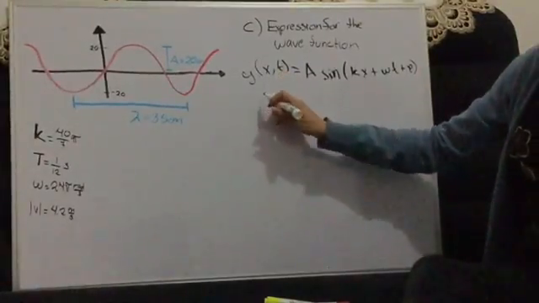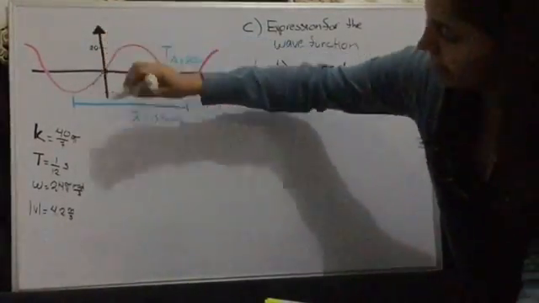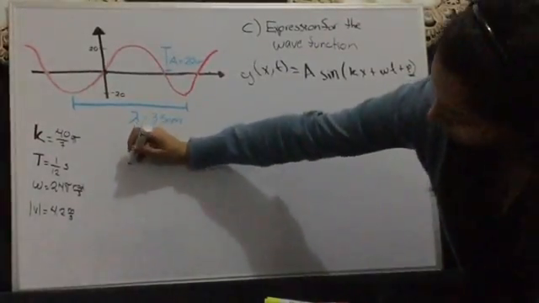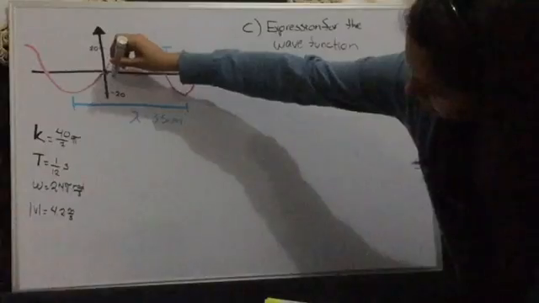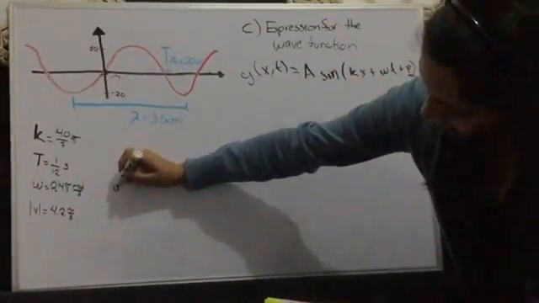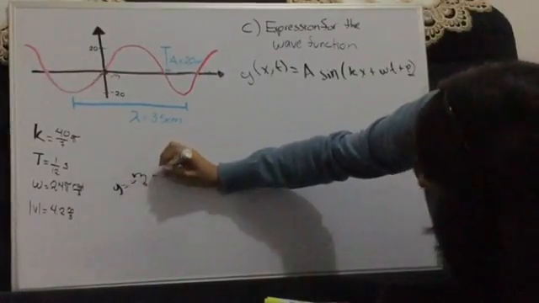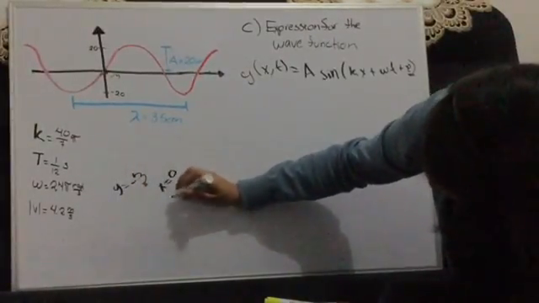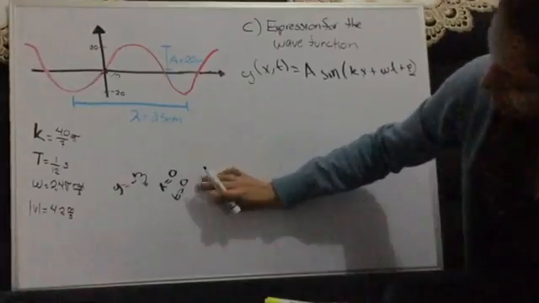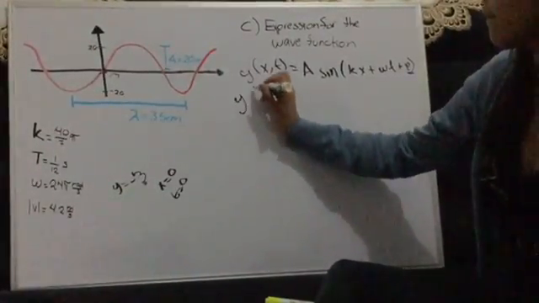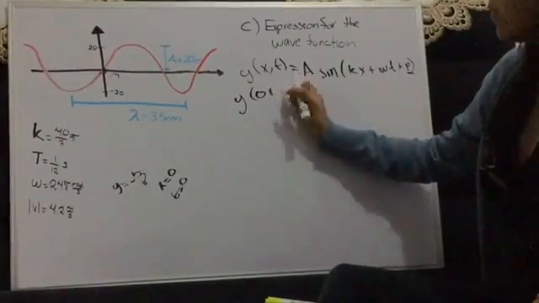We know the values of all the variables, the amplitude, everything, but the only missing thing is the phase angle. So we only have to recall that the problem is saying that y equals minus 3, x equals 0, and t equals 0. So we only have to evaluate the function in those terms.